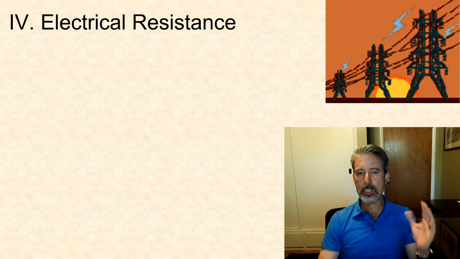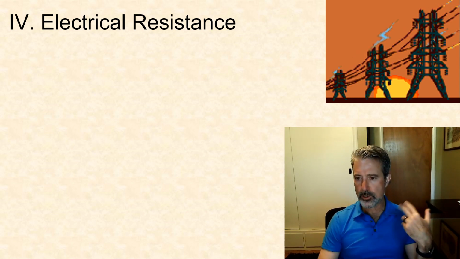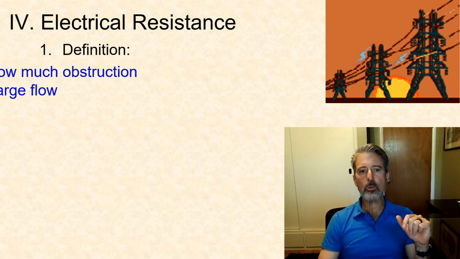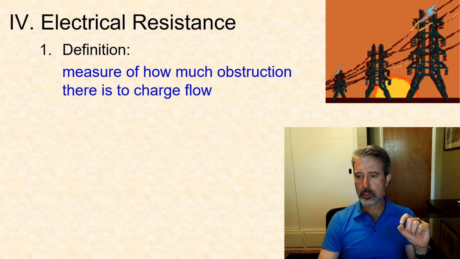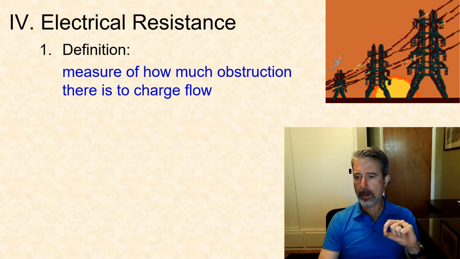The good news is that it's a little bit easier to understand than this idea of voltage. When we talk about electrical resistance, we're really talking about a measure of how much obstruction there is to charge flowing in a wire.